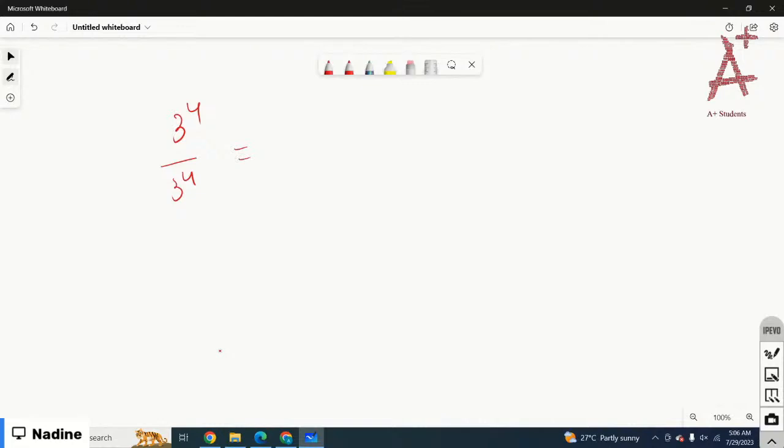Whenever they are dividing, with the same base you have to subtract their exponents. So 4 minus 4 is 0. That would be 3 exponent 0. Got it? That's how you represent it, a single exponent.